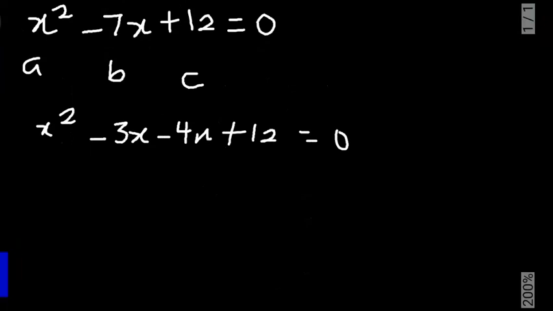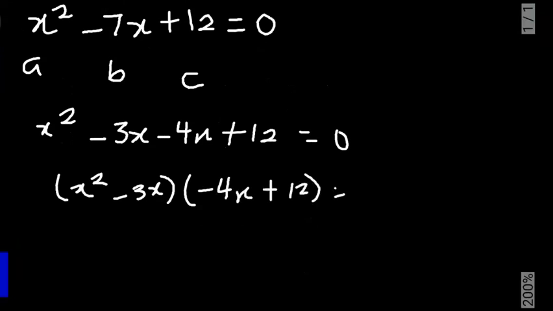So we have x squared minus 3x and minus 4x plus 12 equals 0. In the first part of the expression, x is common, so we have x, then x minus 3.